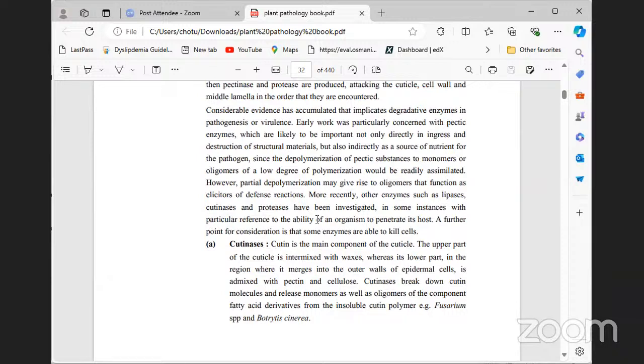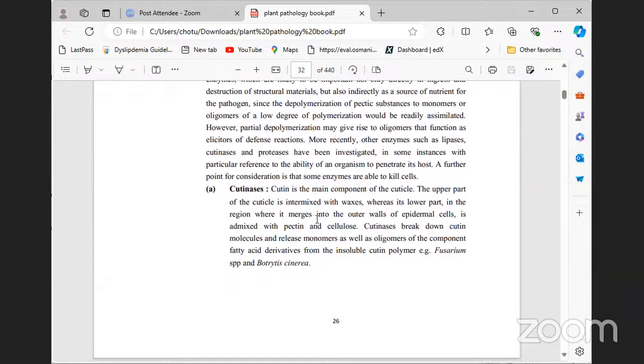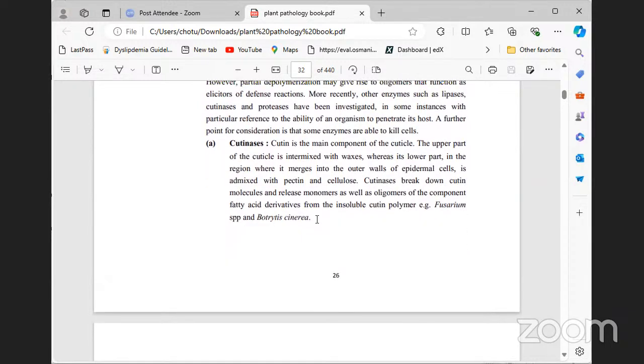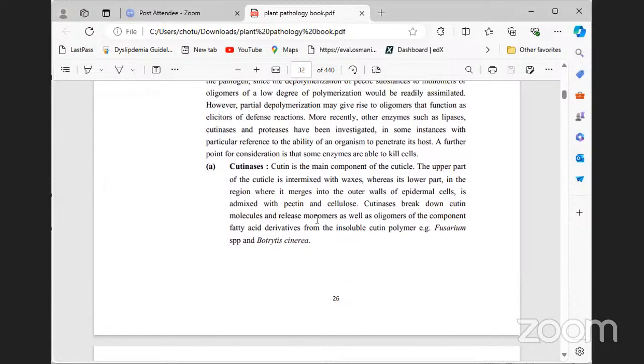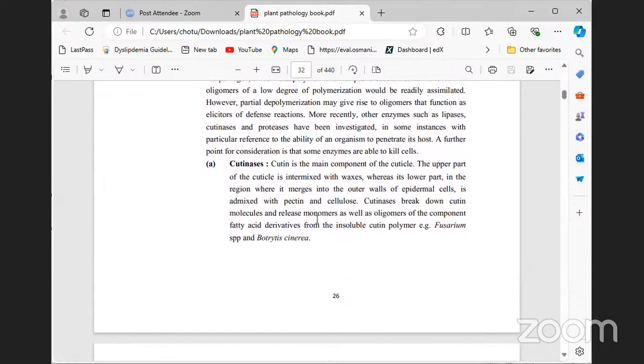Further, consider the enzymes able to kill the cell. The first one is cutinase. Cutin is the main component of the cuticle. The upper part of the cuticle is intermixed with waxes, whereas its lower part, in the region where it merges into the outer wall of the epidermal cell, is admixed with pectin and cellulose.